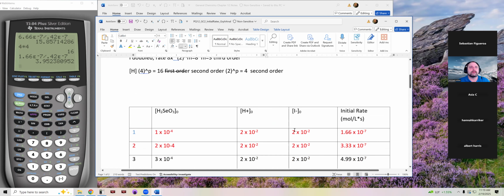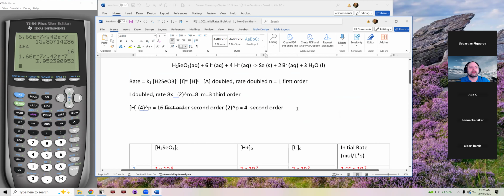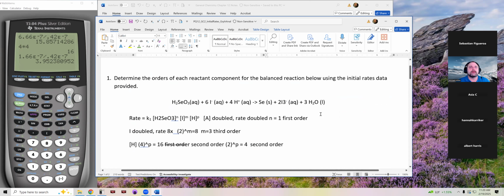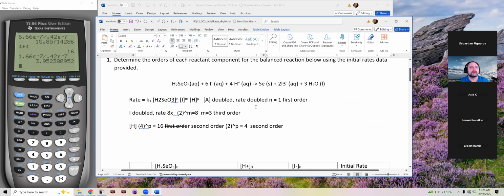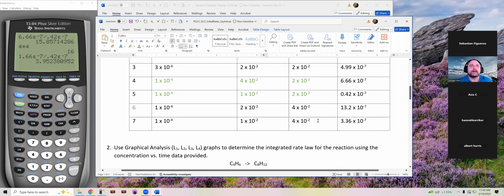No, wait, one. Let me make sure I'm looking at the right ones here. H was our p. Okay, yep. All right. Did I get that right?